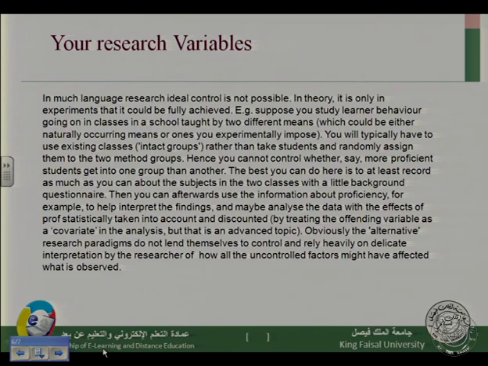For example, suppose you study learner behavior going on in classes in a school taught by two different means, which could be either naturally occurring means or ones you're experimentally imposed. It's like the example that I mentioned. You have two different teaching methods with computers and without computers. This is fully experimental design, and it's fully controlled.